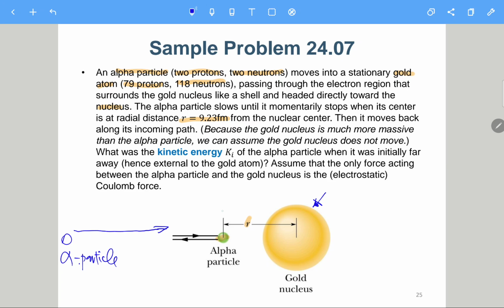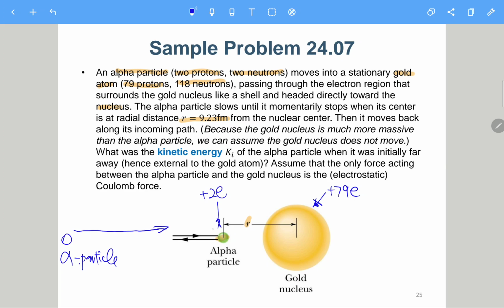However, because this is an alpha particle, which means it has 2 positive charges, plus 2e, and in the gold atom there are 79 protons, so it has plus 79e, they will not touch each other because there will be Coulomb's force to repel them.